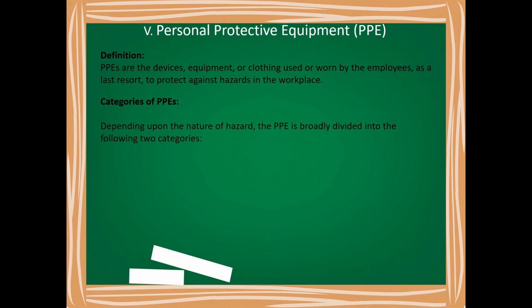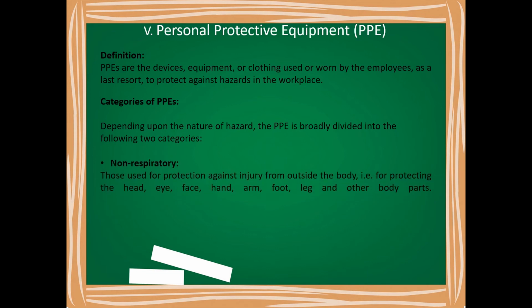Depending upon the nature of hazard, the PPE is broadly divided into the following two categories: non-respiratory, those used for protection against injury from the outside body, that is, for protecting the head, eye, face, hand, arm, foot, leg, and other body parts. Respiratory, those used for protection from harm due to inhalation of contaminated air.